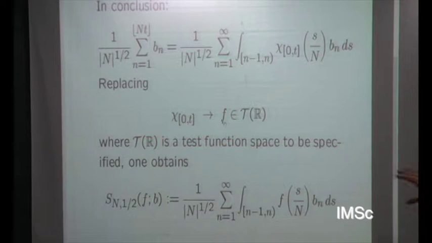In the following, I anticipate, this space T of test functions will be the space of smooth functions with compact support.